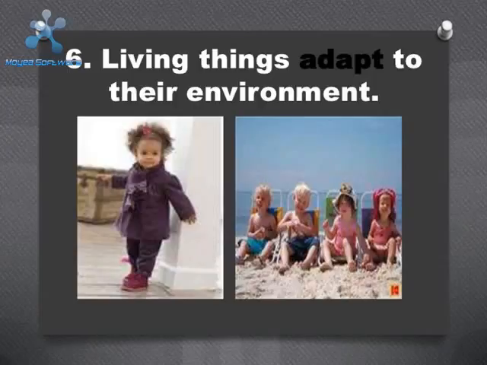In the same way, plants and animals also adapt to their environment. Animals can feel and respond to the environment. In the same way, they are able to adapt themselves to the environment and they are able to survive. All the living beings are able to adapt themselves according to the atmosphere, according to the temperature.